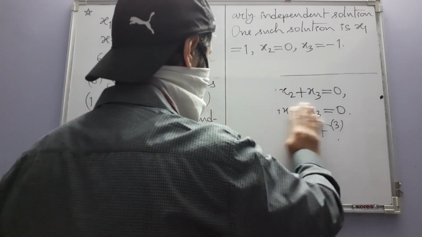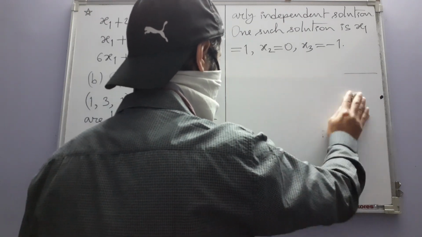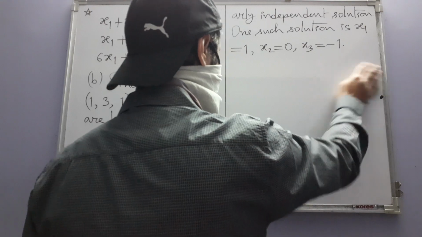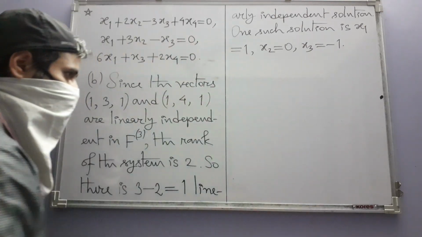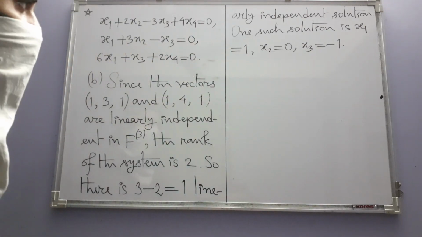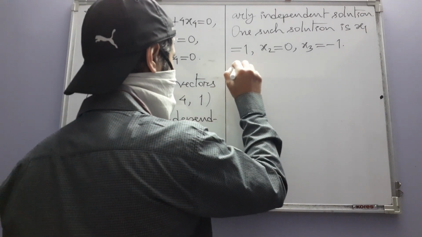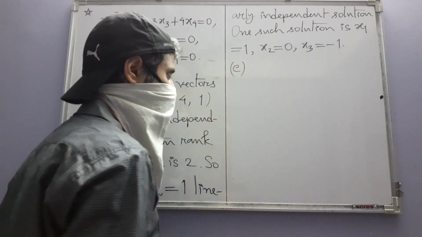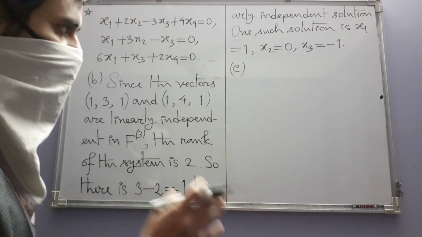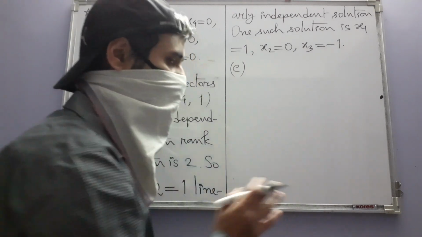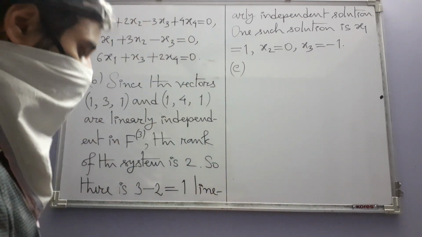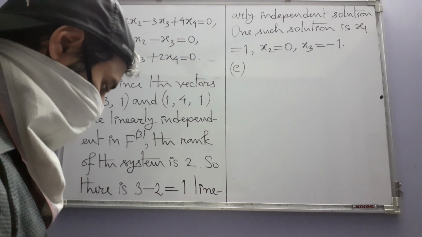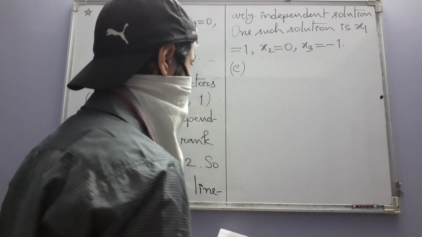Now we consider part C, which has the most number of equations, and also there are 5 variables. Now in this case, the vectors that we will have to consider will not be linearly independent. And in this case it goes something like this.